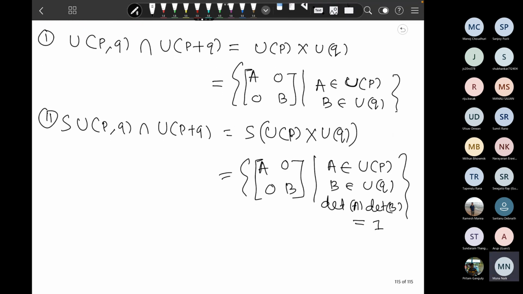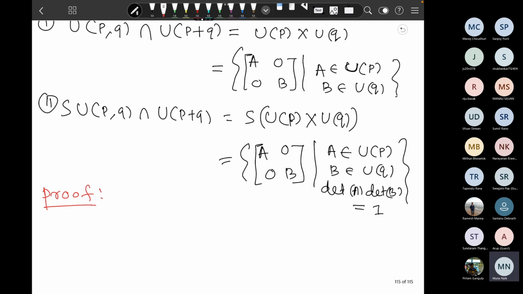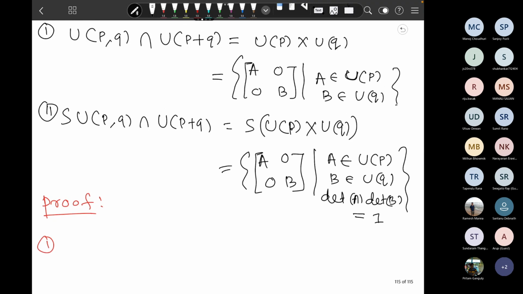The proof is exactly similar to the case of O(P,Q). I have written the proof in a way that you only have to change a little bit of symbols and exactly the same argument will work. So I will not do the proof.